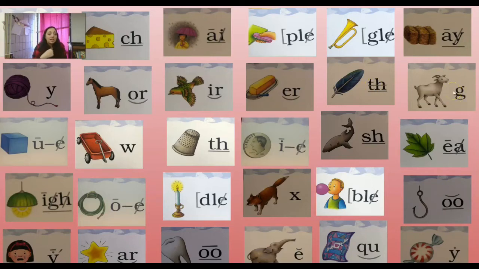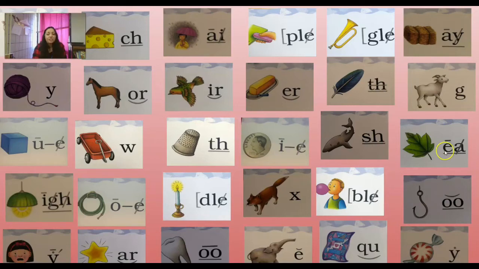Goat, G. Cube, U consonant E. Wagon, W. Thimble, digraph TH. Dime, I consonant E. Shark, sh.